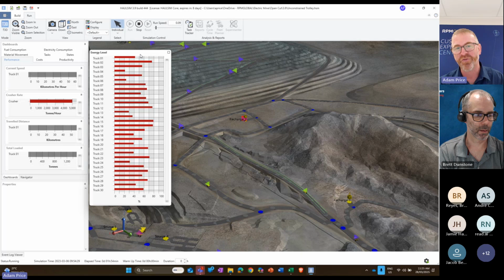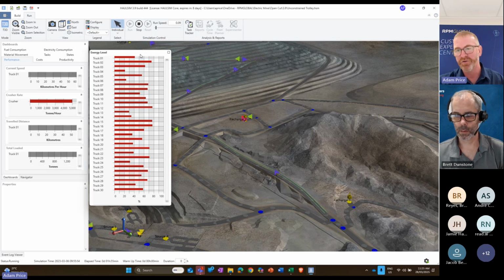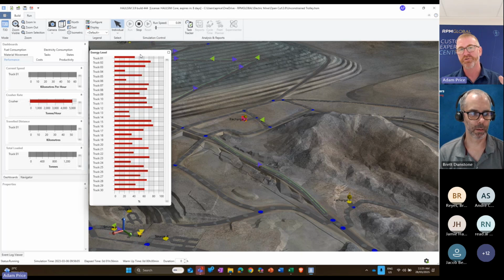We're providing the details to feed into other models. We've stuck to what we do best, which is haulage and modeling how the trucks operate, which is really quite important. We can see that there's a big gap between an average demand that you might get across a mine site versus the minute by minute changes that are going to happen.